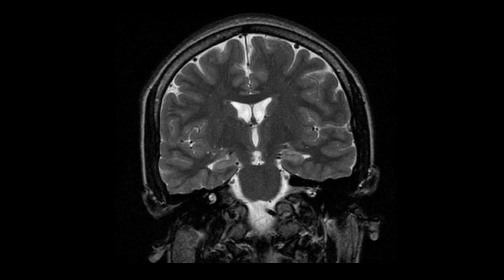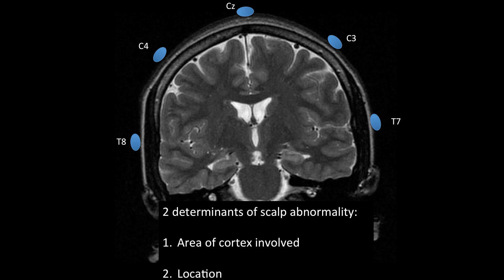In order to understand why, we can look at a coronal section of a normal brain. For the purpose of illustration, I will place the approximate positions of some scalp electrodes. The likelihood of finding an abnormality on scalp is dependent on two main factors: the area of the cortex involved and the location of the abnormal activity.